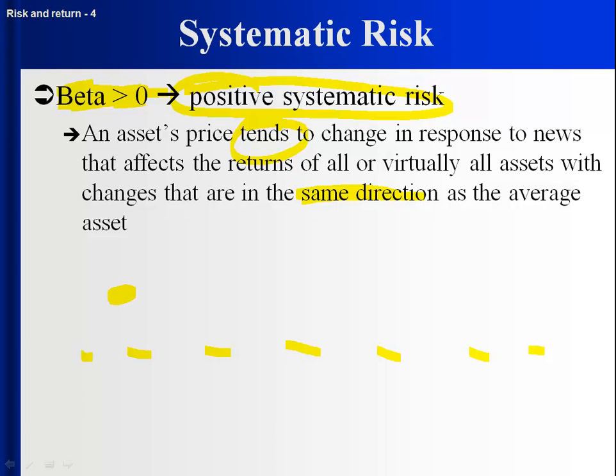Then if a stock has a positive beta, it would also tend to have a positive return that day. Next day, news comes out that the average stock would interpret as bad news, so the average stock price tends to go down. Then a stock with a positive beta would also tend to have a negative return as well. So positive systematic risk means it's kind of a similar reaction to the news as the average stock.